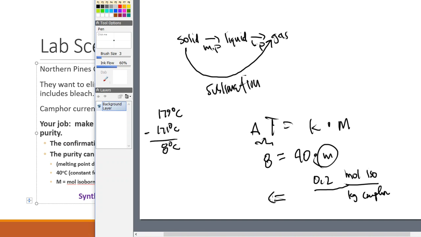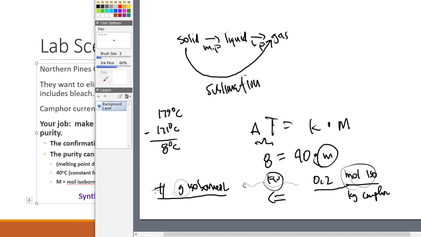So how do I change that to percentage? We want 95% or better as far as purity goes. Well, the 0.2 mole of isoborneol has to be converted over to grams of isoborneol. And you know how to do this, hopefully. You've got moles, you need to get to grams, and you need the formula weight in order to do that.